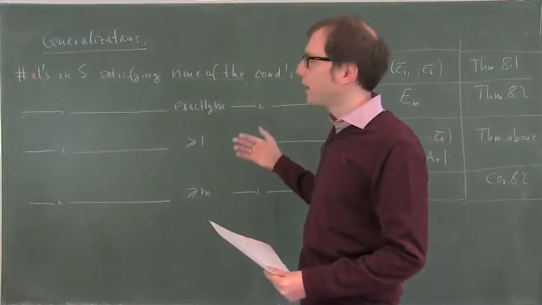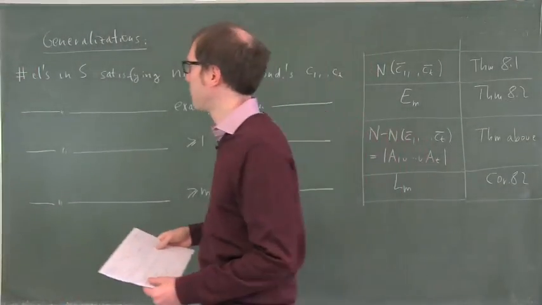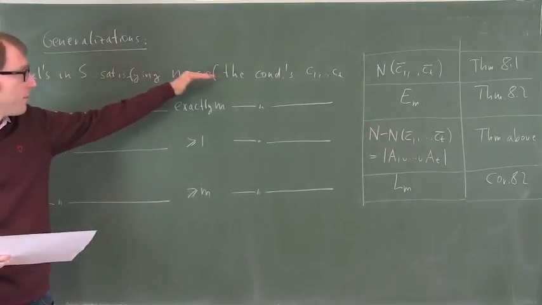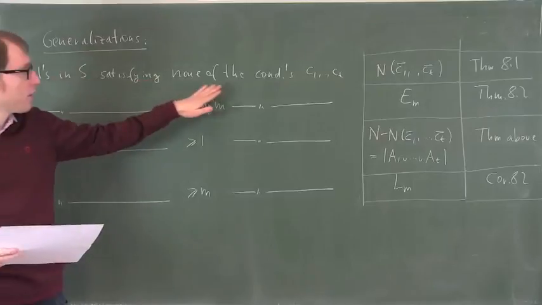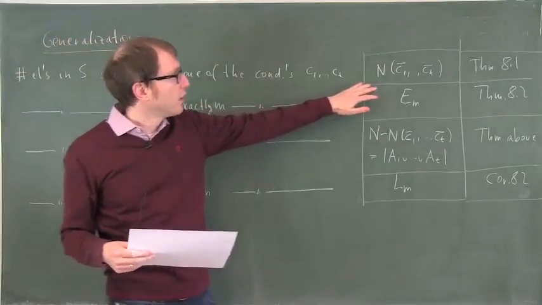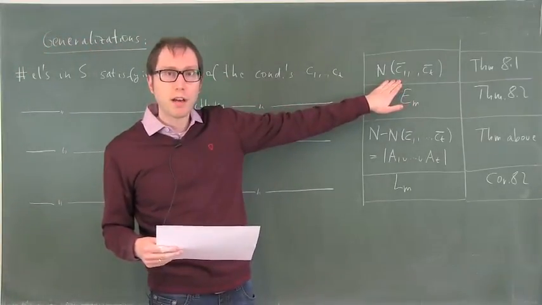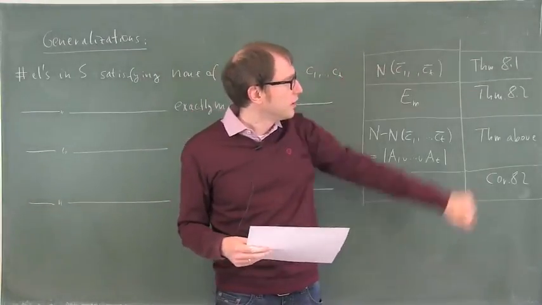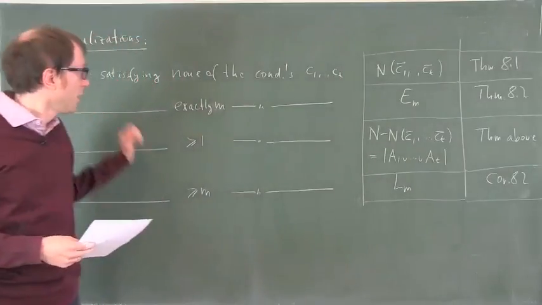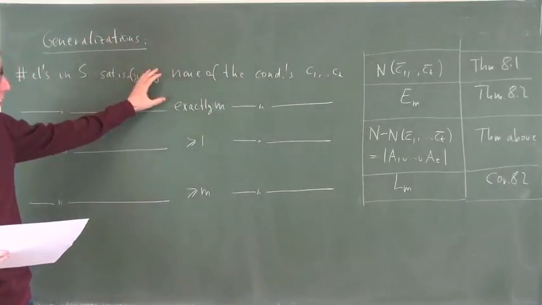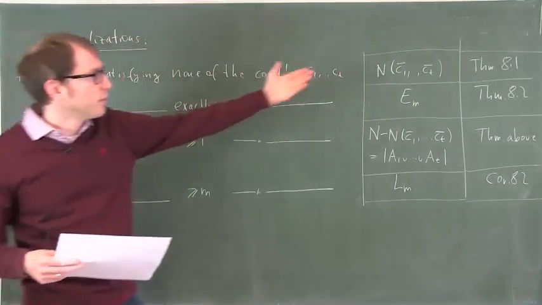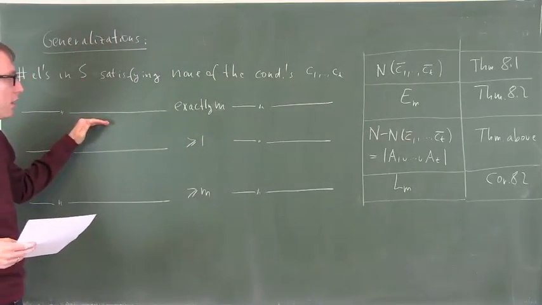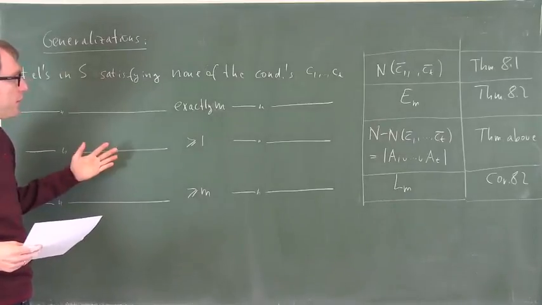So there are some generalizations to the basic inclusion-exclusion principle we've just seen. So here it is again. The number of elements in S satisfying none of the conditions C1 up to Ct, written as N of C1 bar up to Ct bar, you find in theorem 8.1. And you can ask, are there different formulas for different questions here?